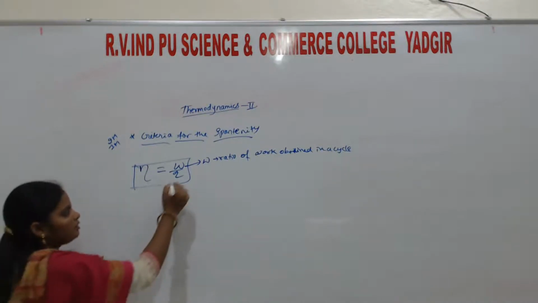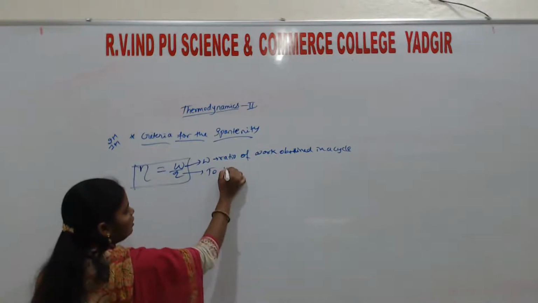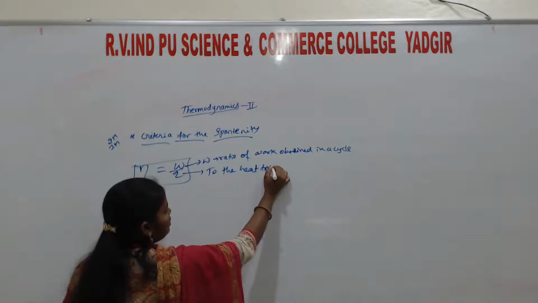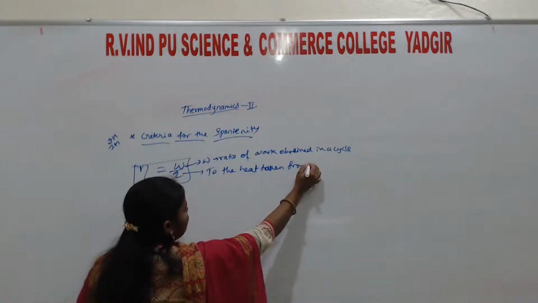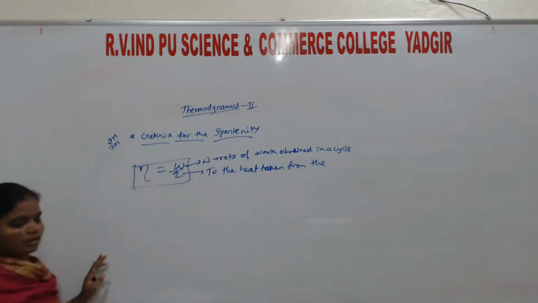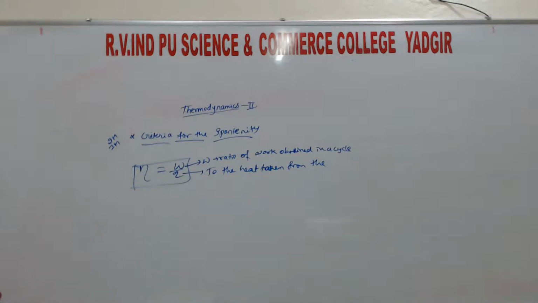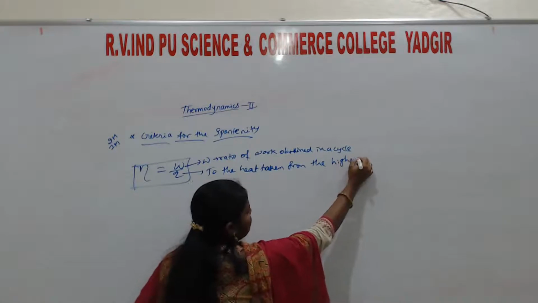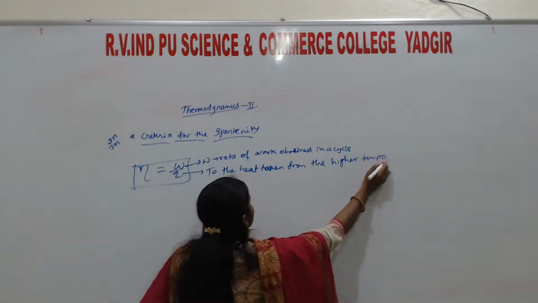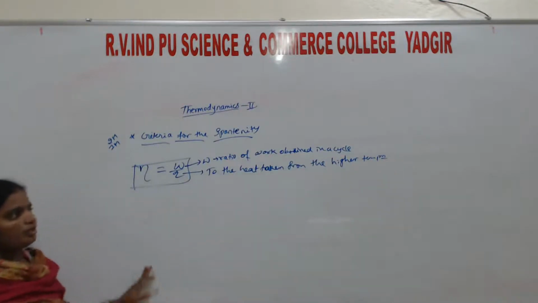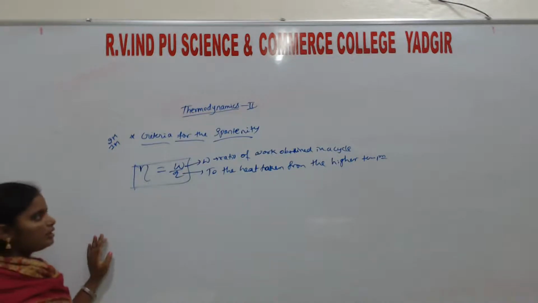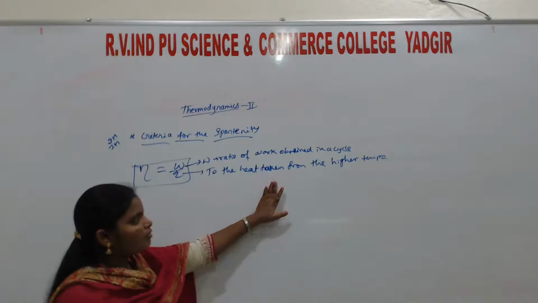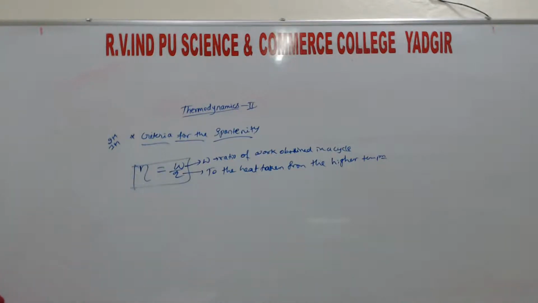Here W is the work obtained in a cycle, and Q is the heat taken from the higher temperature.